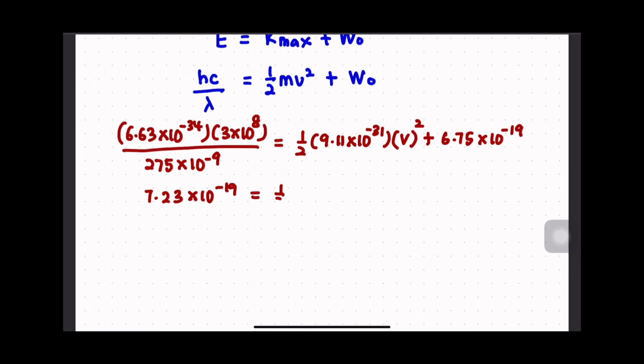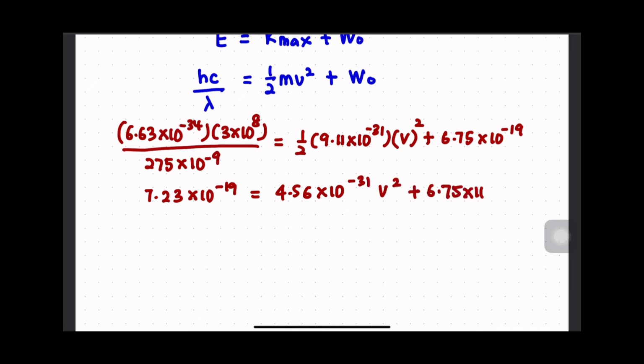Then 9.11 exponent negative 31 divided by 2, so this gives 4.56 times 10 to the power of negative 31 v squared plus 6.75 times 10 to the power of negative 19. Now you can calculate directly.